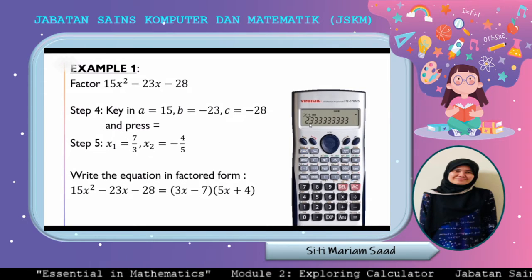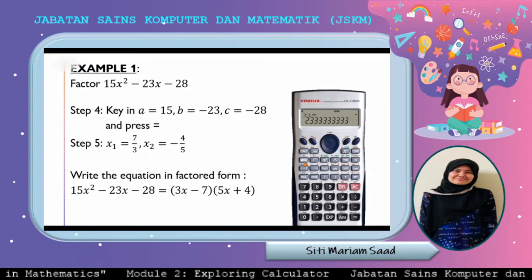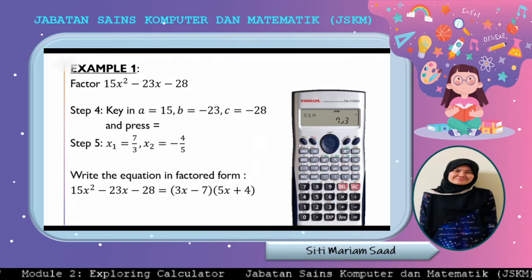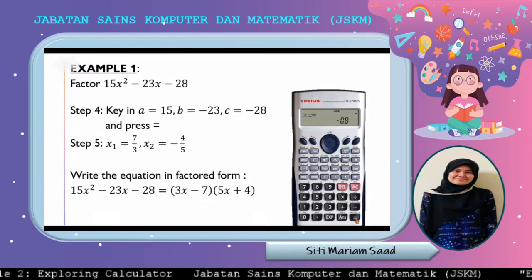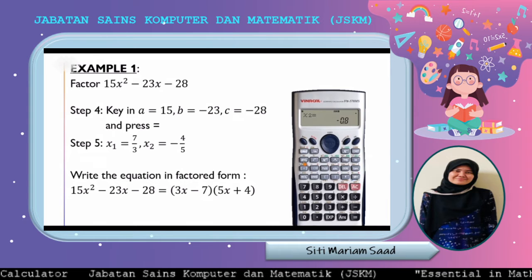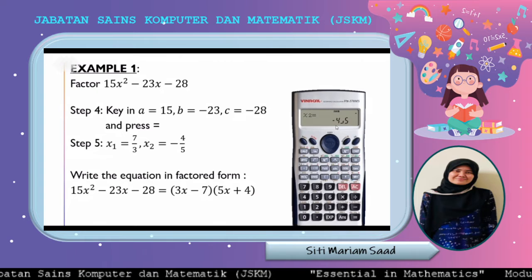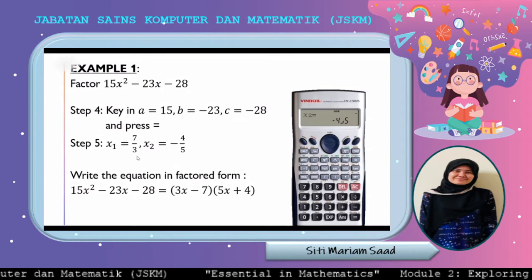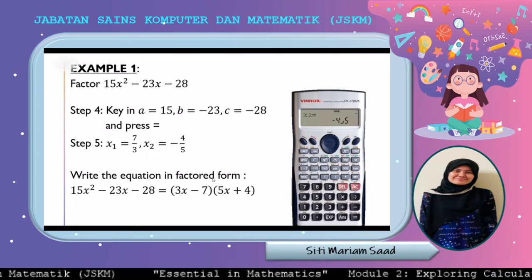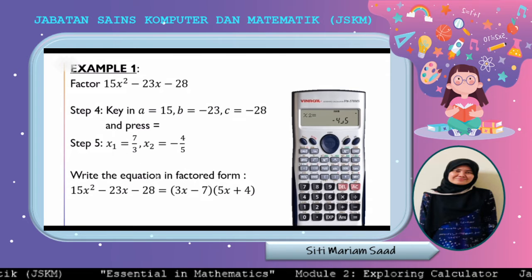Now we get the two values of the quadratic. The first value, in fraction form, is 7/3. The second value, in fraction form, is negative 4/5. Then we write the expression in factored form.